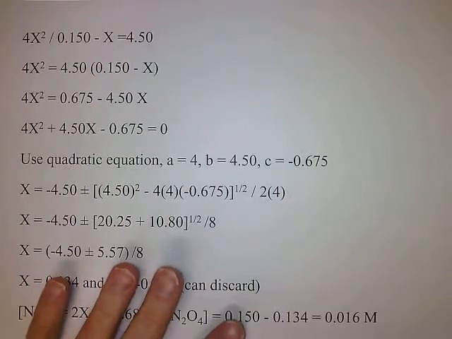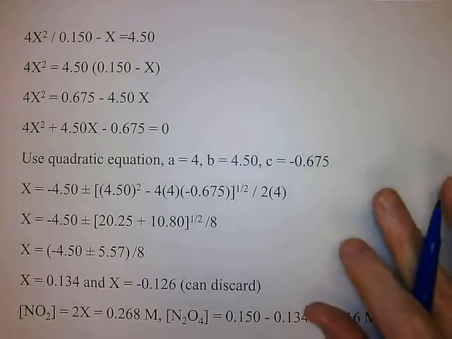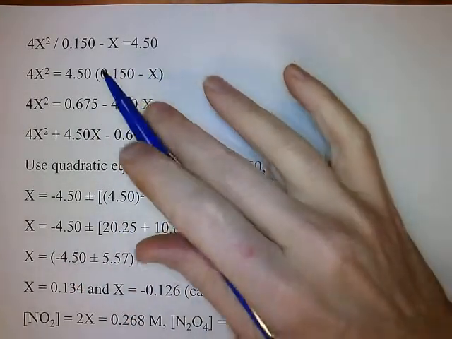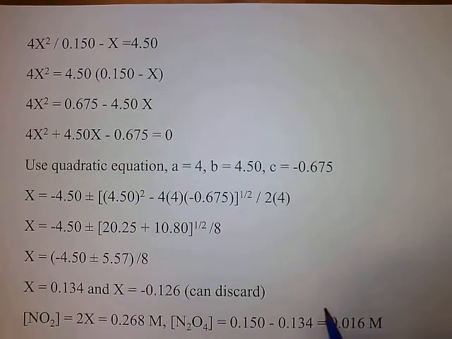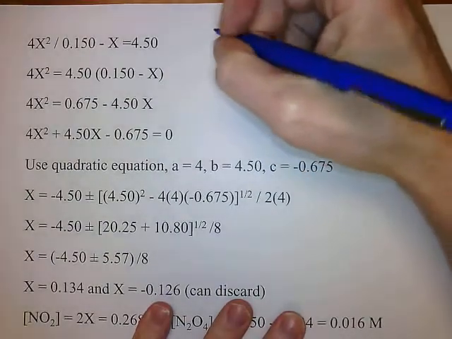So the first step that I did here was to cross multiply. First of all, 2x times 2x is 4x squared, so that's simplified a little bit. And then I cross multiplied, right?